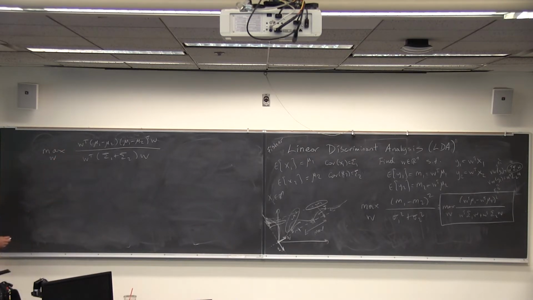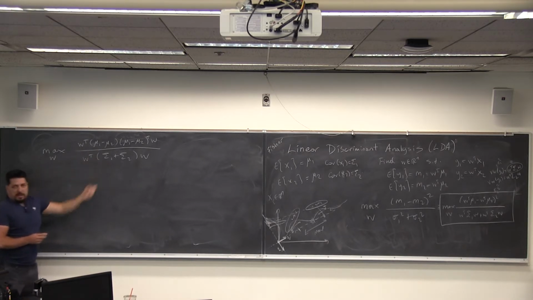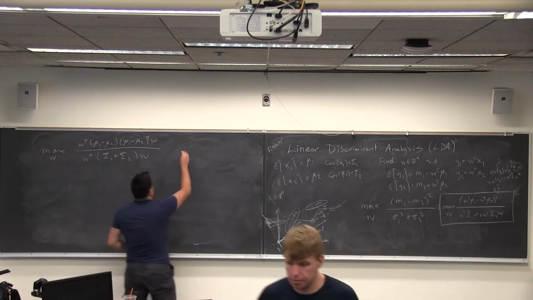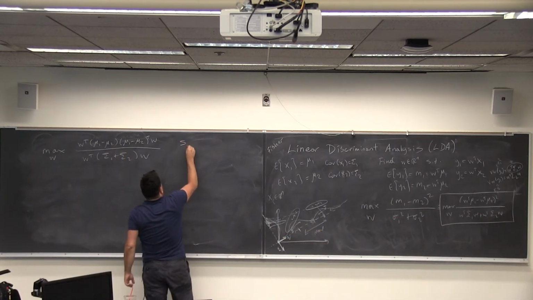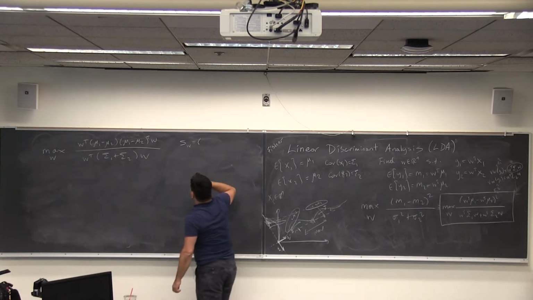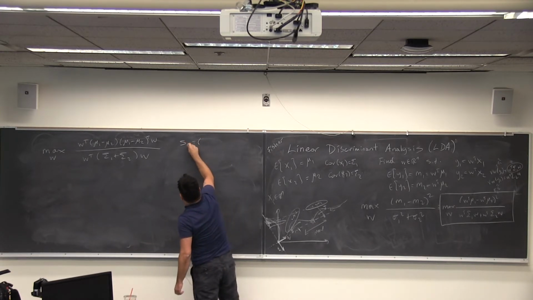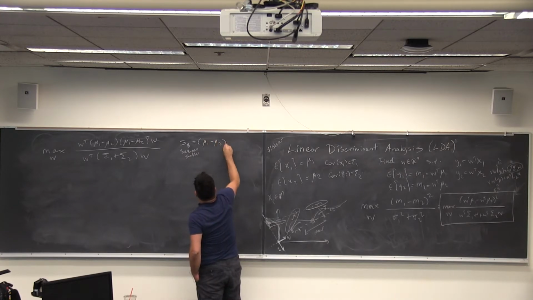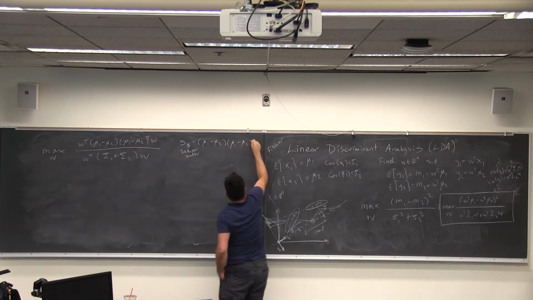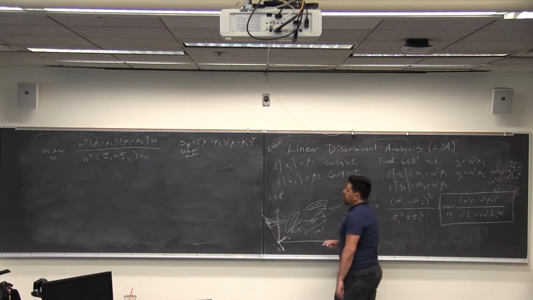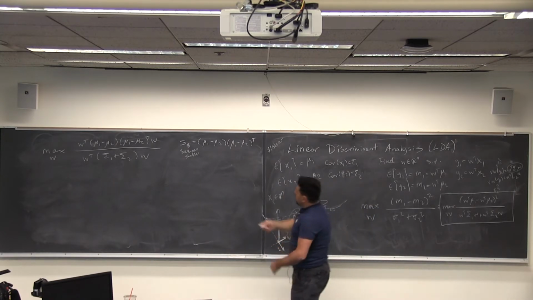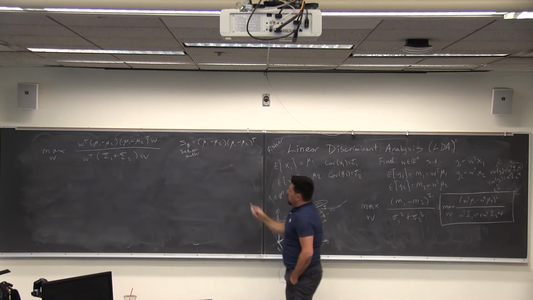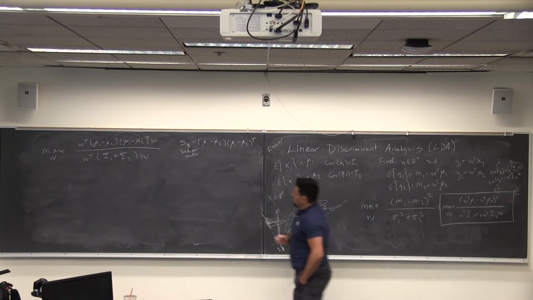Okay, so let's give these matrices names, as is typically the case. The numerator matrix is typically called the between-class scatter matrix. That's mu1 minus mu2, times mu1 minus mu2 transpose. That's a rank 1 matrix, which means one eigenvalue is mu1 minus mu2 length squared, and all the other eigenvalues are zeros.